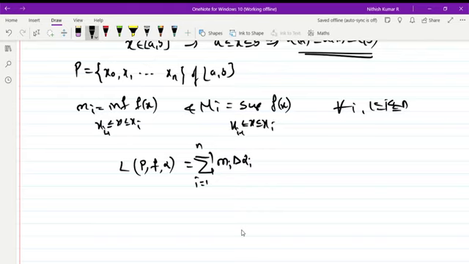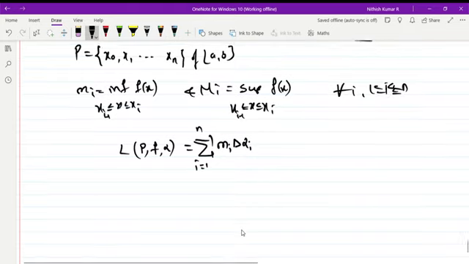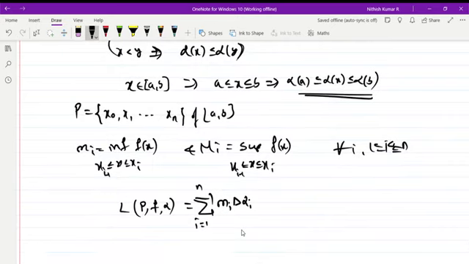Then what is this delta alpha i? From this partition, delta alpha i is nothing but alpha of xi minus alpha of xi minus 1. In the previous part delta xi was xi minus xi minus 1, so here it is alpha of xi minus alpha of xi minus 1 for all i between 1 and n.